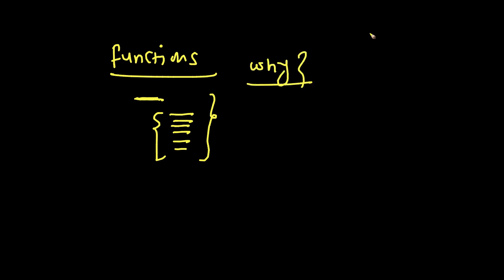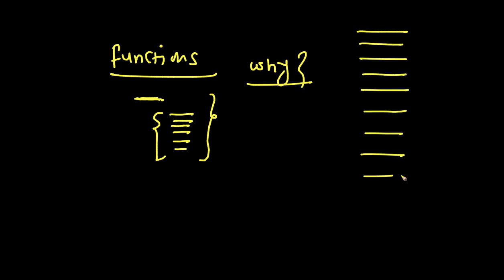Let's say you have this big program, maybe hundreds or thousands of lines. When we write this big program, different parts of it might be performing different tasks. It becomes really tedious to identify or memorize which part of this program is performing what task.